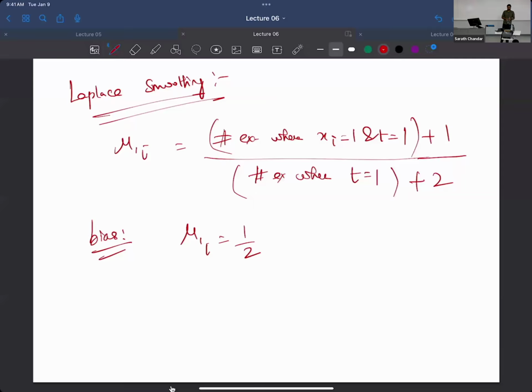So for your second assignment, you are not implementing discrete Naive Bayes, you're implementing Gaussian Naive Bayes. Is that correct? How many of you have read the second assignment? So just 2 people? 3, 4, 5?